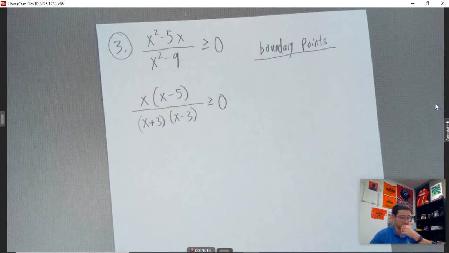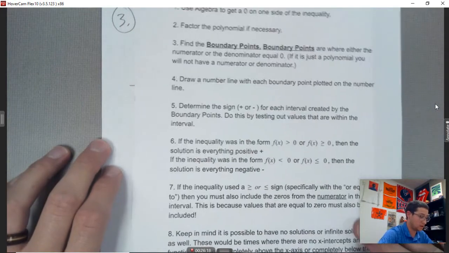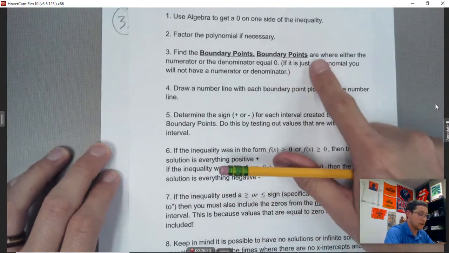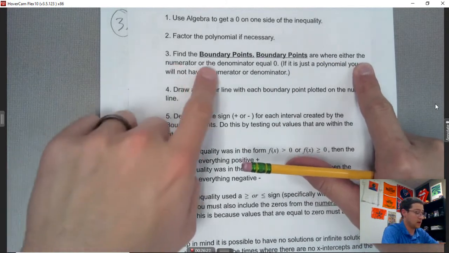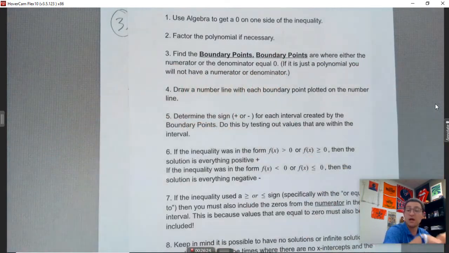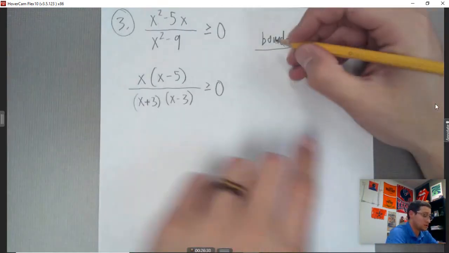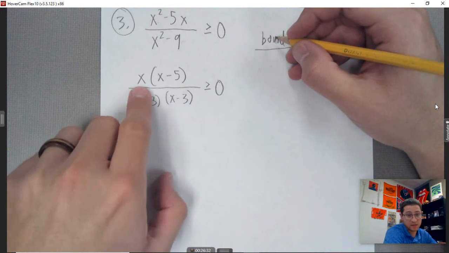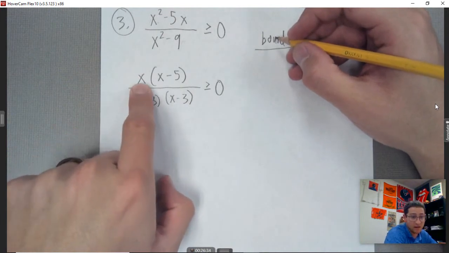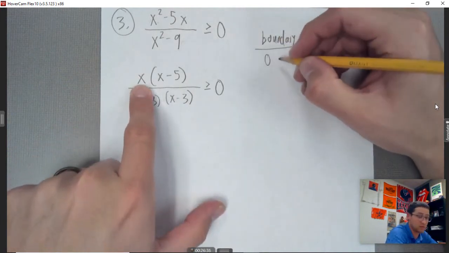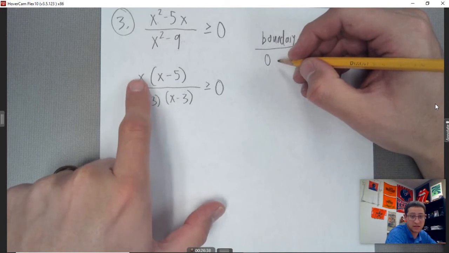Now the boundary points, the only change here is it's where either the numerator or the denominator equals 0. So this time you've got both. It's where the numerator equals 0 and where the denominator equals 0. So you've got multiple boundary points. Up top, because of that x, it's going to be 0.